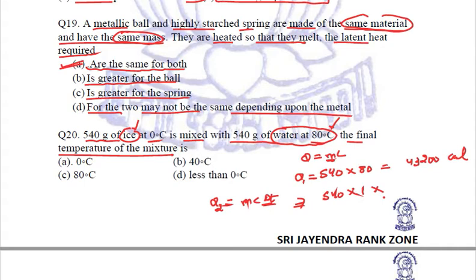So it will be 80 minus 0, which comes out to be 80, and again the value is 43200 calories.